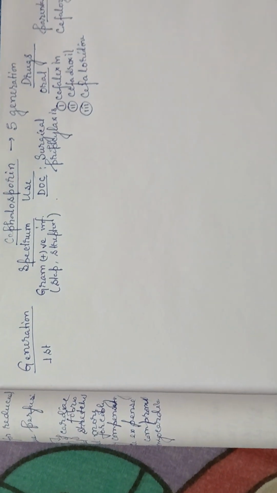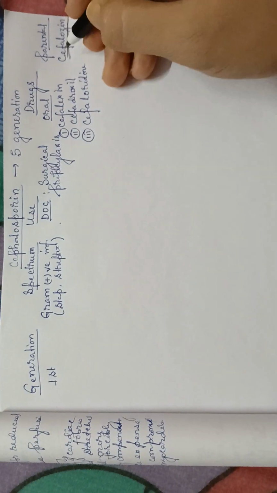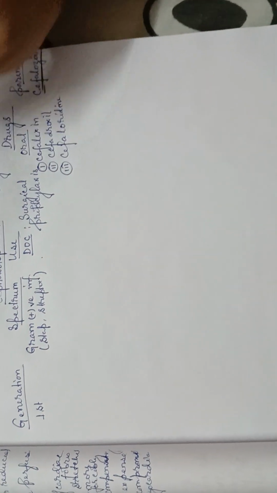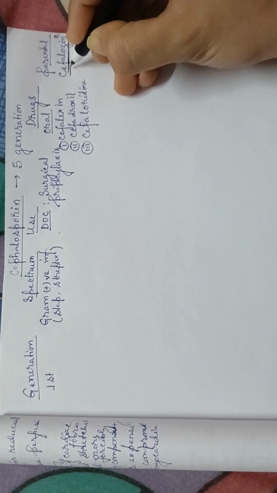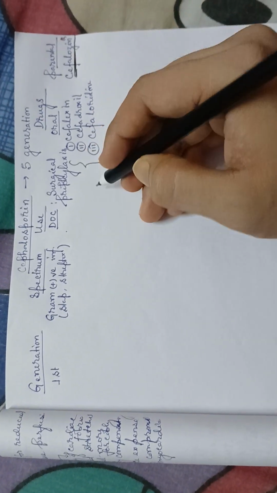It is most important, so we have to remember it, because in MCQs there is a probability of this drug being asked, and there is a general way to identify it in the MCQ.